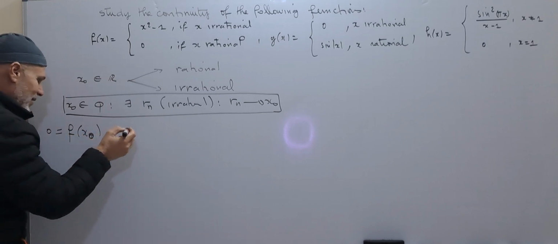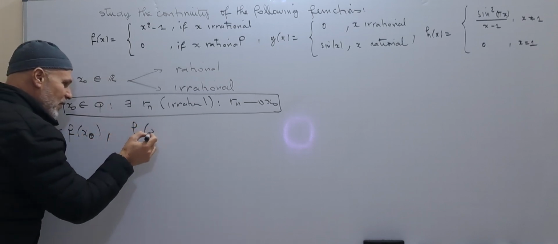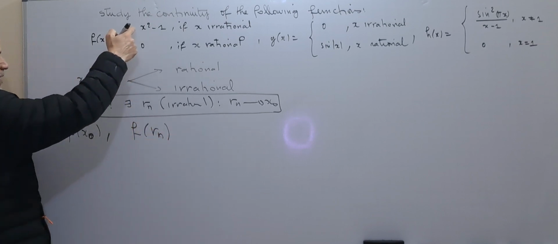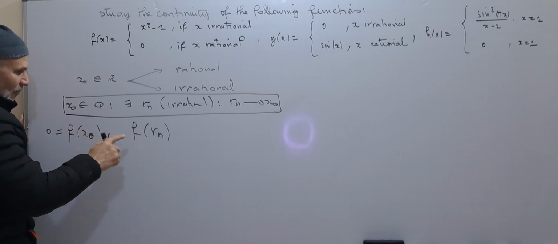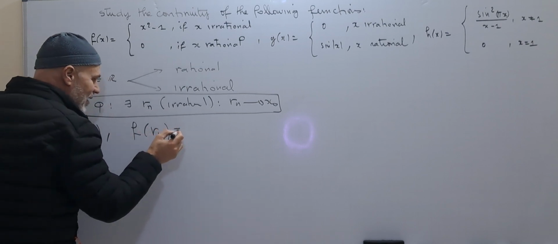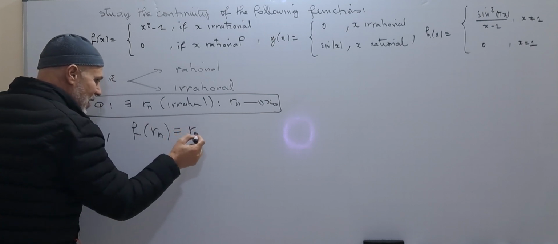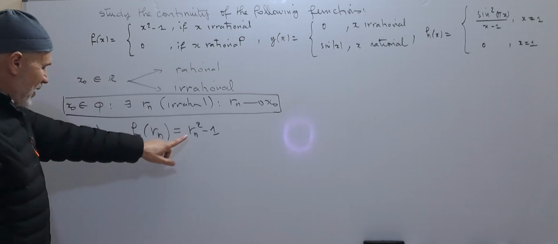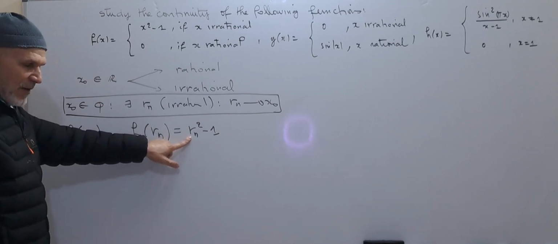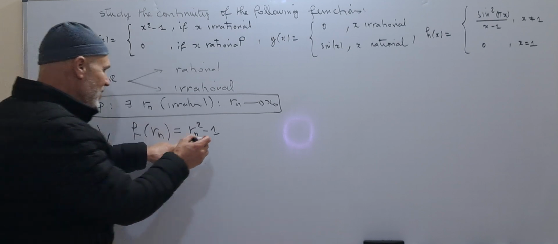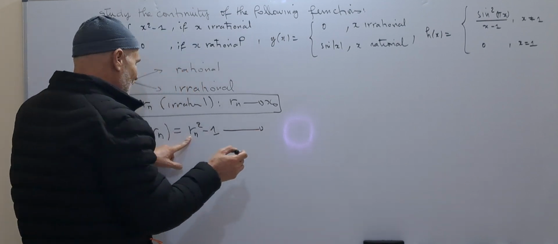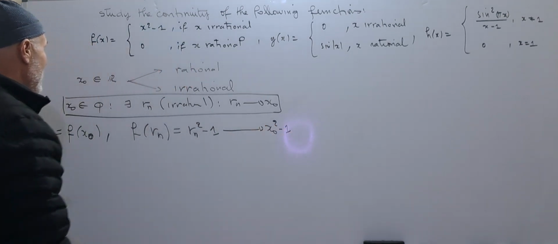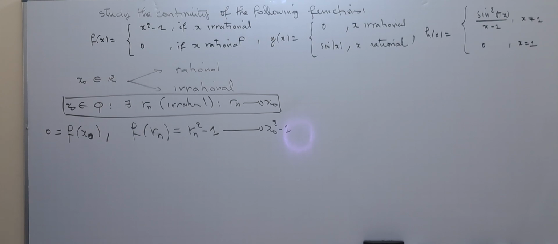From the other side, f of Rn is equal to Rn squared minus 1. The square function is continuous, so this converges to x0 squared minus 1.